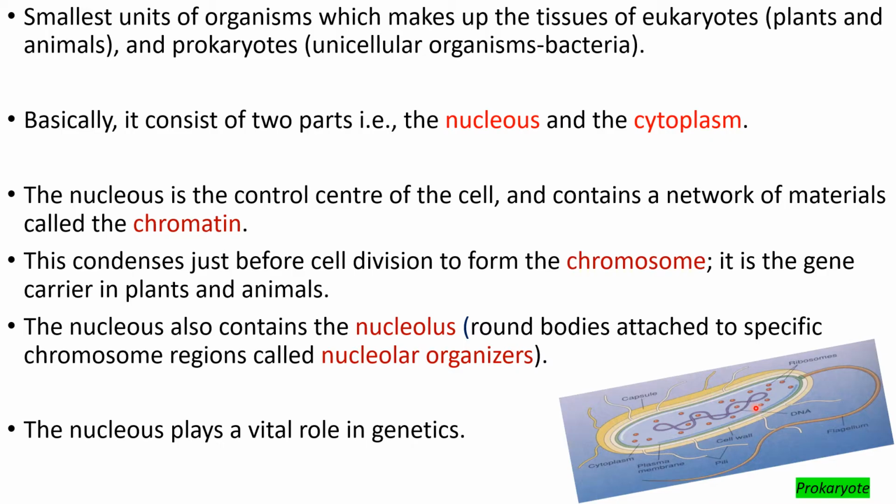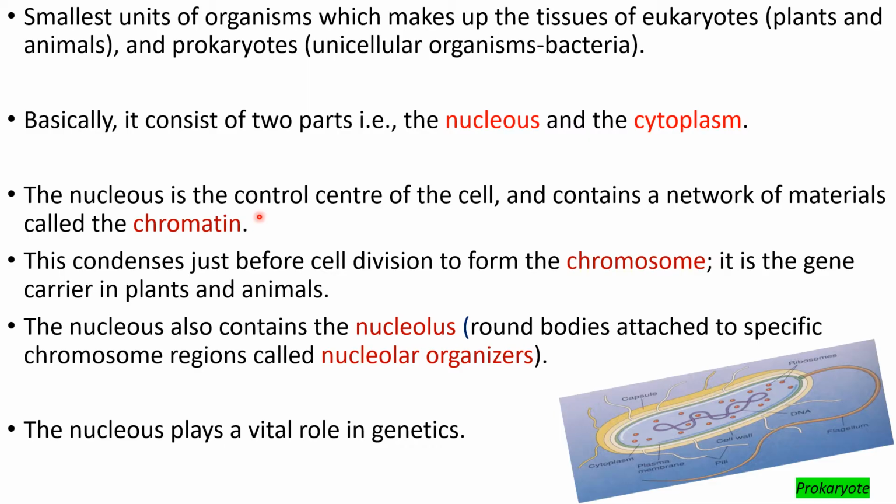Basically, a cell is made up of two major parts, the nucleus and the cytoplasm. The nucleus is the control center of the cell and contains a network of materials called the chromatin.